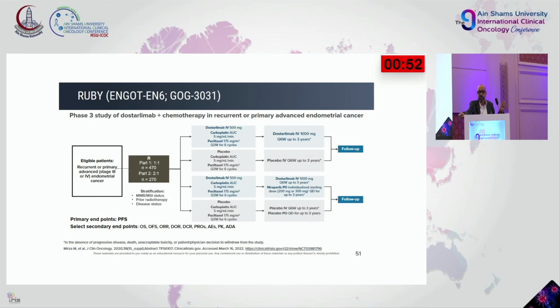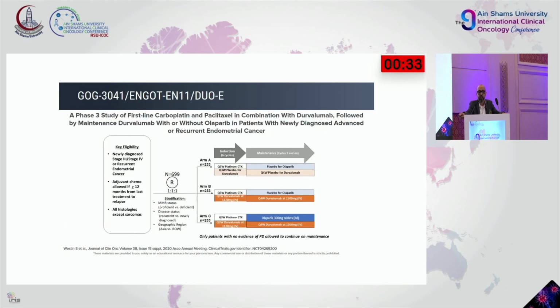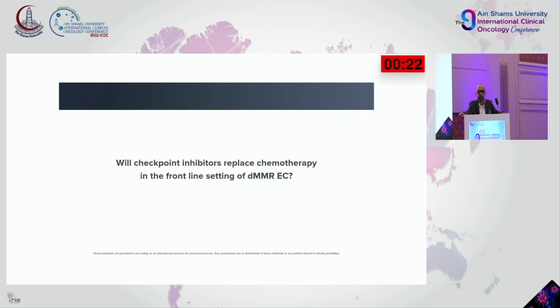We have the RUBY study, which is a very important study of dostarlimab plus chemotherapy in recurrent or primary advanced endometrial cancer, where one of the arms uses dostarlimab as maintenance, and one other arm uses dostarlimab plus the PARP inhibitor niraparib as maintenance, versus placebo. The DUO trial is a very important trial of carboplatin paclitaxel in combination with durva, followed by maintenance durvalumab with or without olaparib in patients with newly diagnosed advanced endometrial cancer.